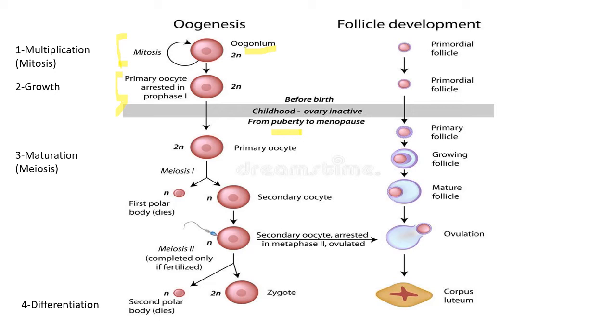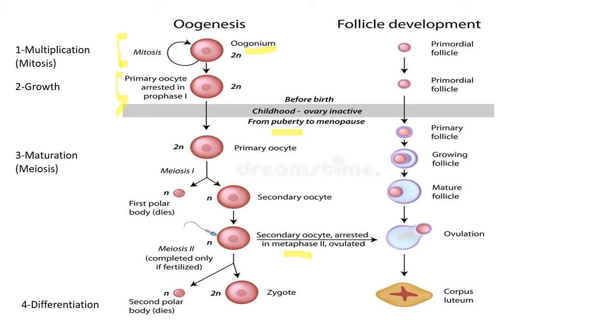Now we have oocyte 2, which is released by ovulation into the fallopian tube. Now we have two cases. If the oocyte released into the fallopian tube is not fertilized, meaning fertilization doesn't occur, then this oocyte will remain at metaphase 2, it will not continue the meiosis, and it will degenerate after 24 hours in the fallopian tube.